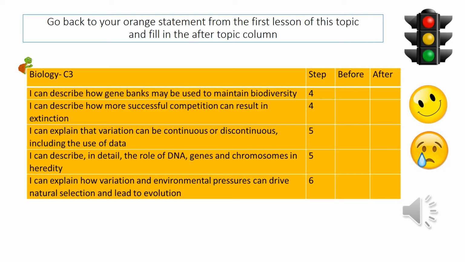So hopefully you should now have learned something. You should now know what a gene bank is. You should now know how competition can lead to extinction. You will know about DNA and things like that. So now go back and complete the after column in your orange statement from that very first lesson of this topic.